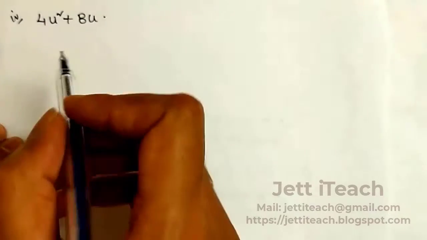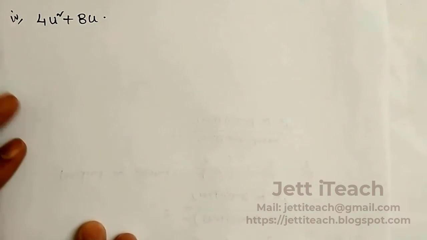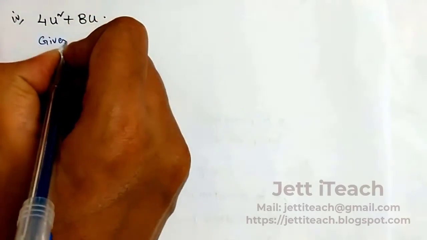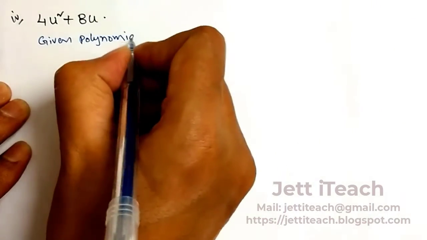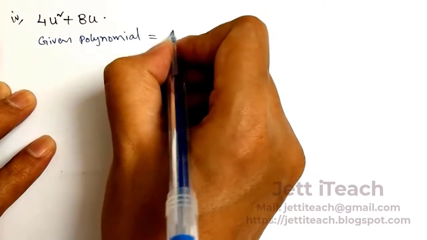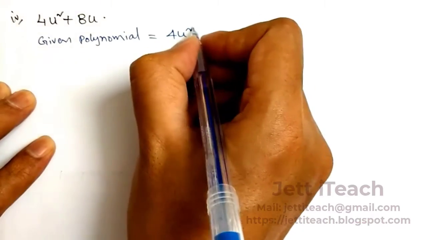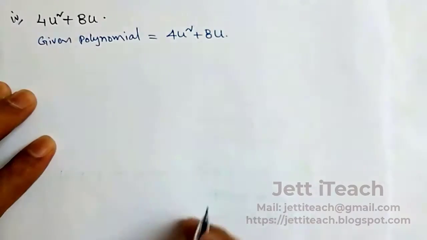Okay, fourth one, 4u square plus 8u. I will write the given polynomial as 4u square plus 8u.